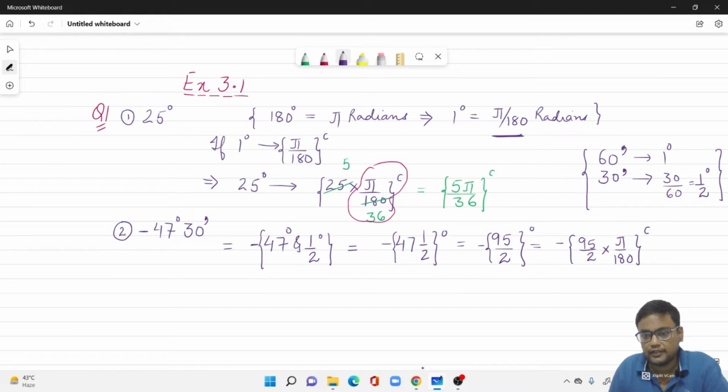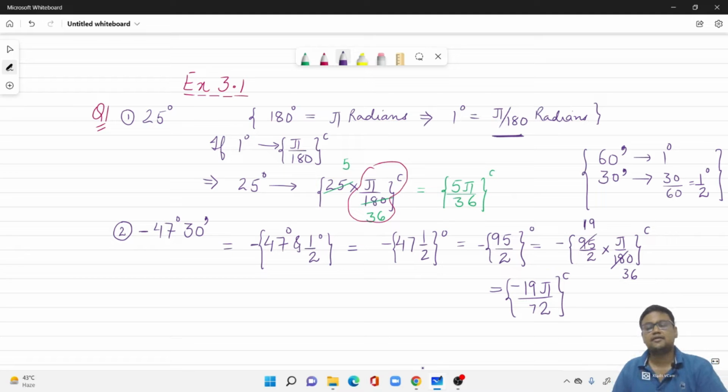So now I can cancel out the common factors. 19 5s is 95 and again 36. Further cancellations will not be allowed. So the final answer is minus 19 pi upon 72 radians. We let pi exist.